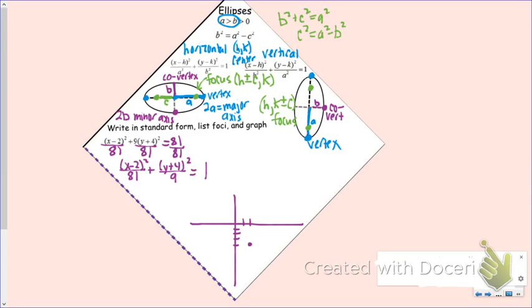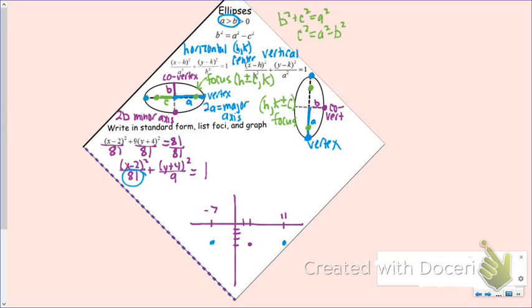The 81 is bigger, so this is going to be bigger horizontally. That means the A value is 9. From the center, I'm going to move out a distance of 9. That would put me out at 11, and backwards it would put me at negative 7, because I'm moving 9 away from the center. And there are the two vertices.